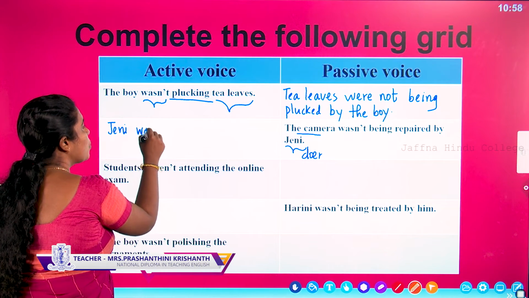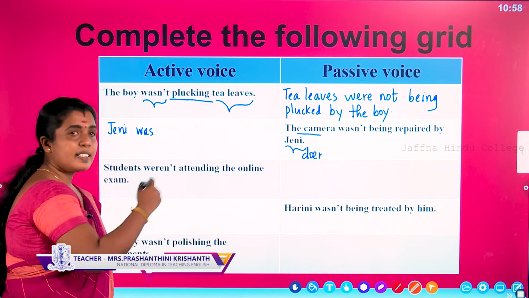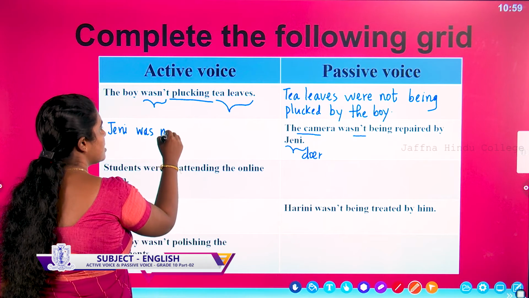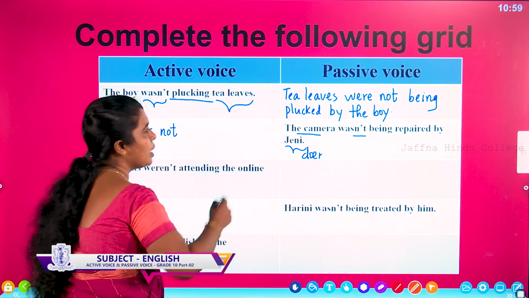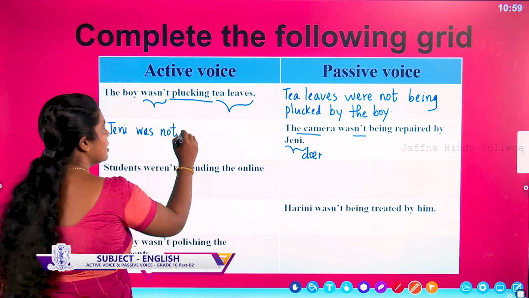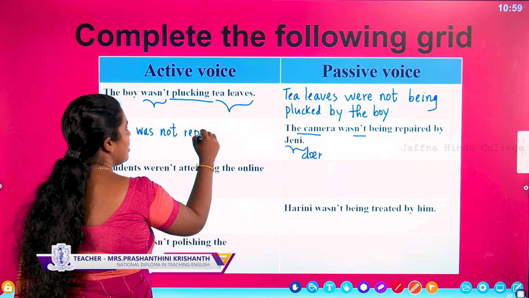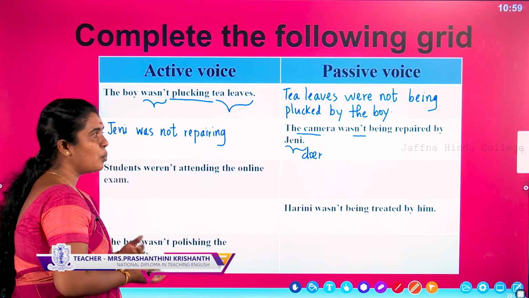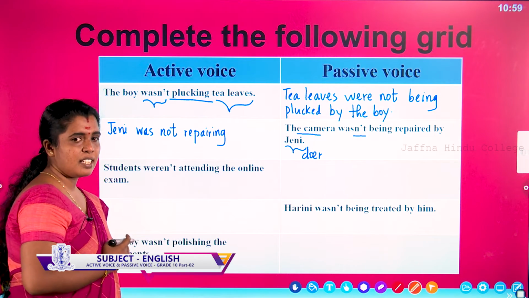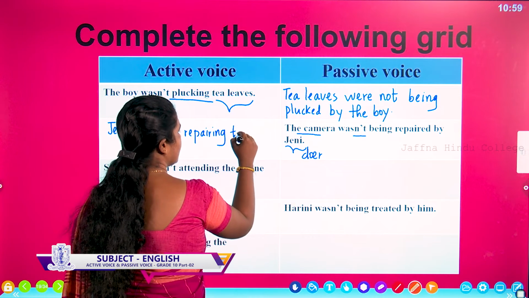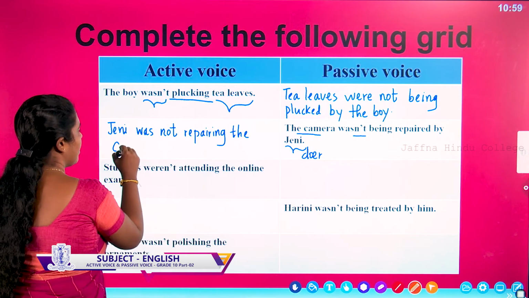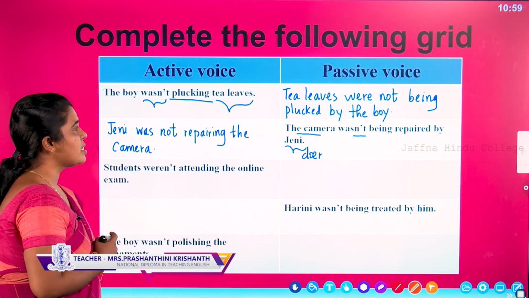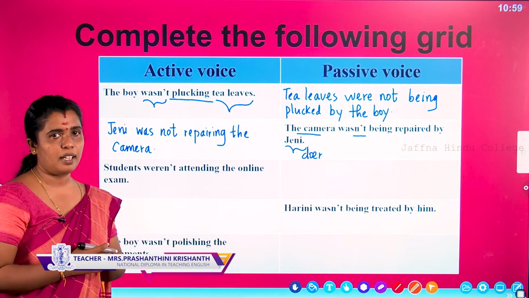Suitable helping verb was. This is negative, right? So the Jenny was not. Verb, repair, right? For active voice here, repairing. What is the object of this sentence? The camera. Jenny wasn't repairing the camera.